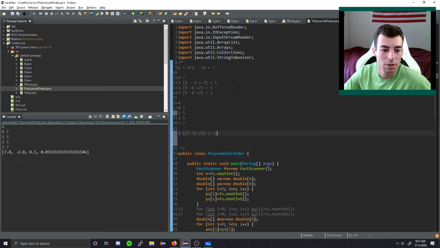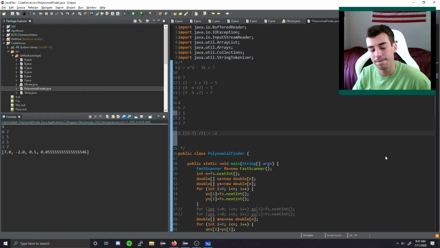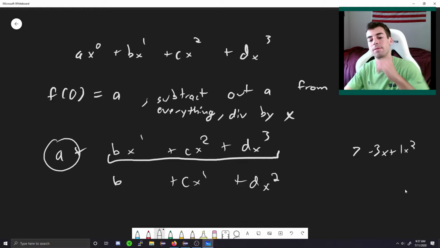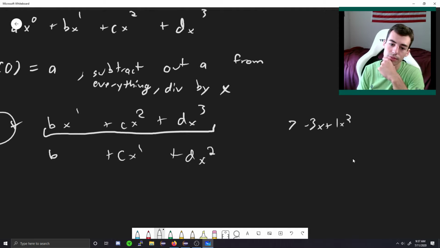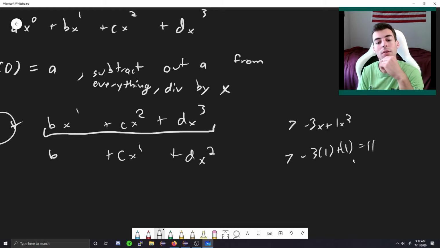So what's the real example? x equals 7 minus 3x plus 1x squared. So when x equals 1, we have 7 minus 3 times 1 plus 1, which is equal to 5. So if we subtract out 7, we get negative 2 equals this.